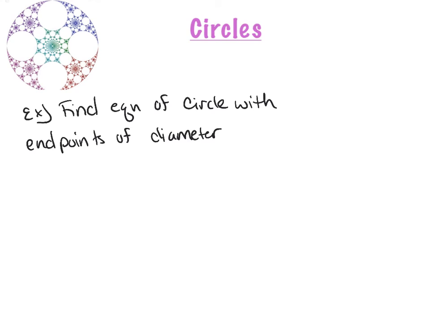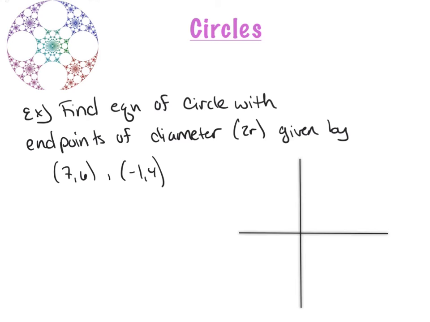Remember, the diameter is twice the radius, given by, you might recognize, (7, 6) and (negative 1, 4). Okay, I'm going to draw a picture for you of what's going on. You don't have to have this picture to do the problem, but it really helps you understand what's going on.